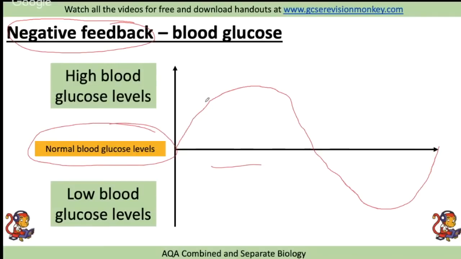So it will go a little bit high, and then the hormone insulin will bring it back down again, but it then might go a little bit low. And another hormone that you need to be aware of is glucagon, which will then cause that to rise again. They could well say to you, give an example of a negative feedback cycle in the body. So if you want to remember one, you could remember the insulin and glucagon one.